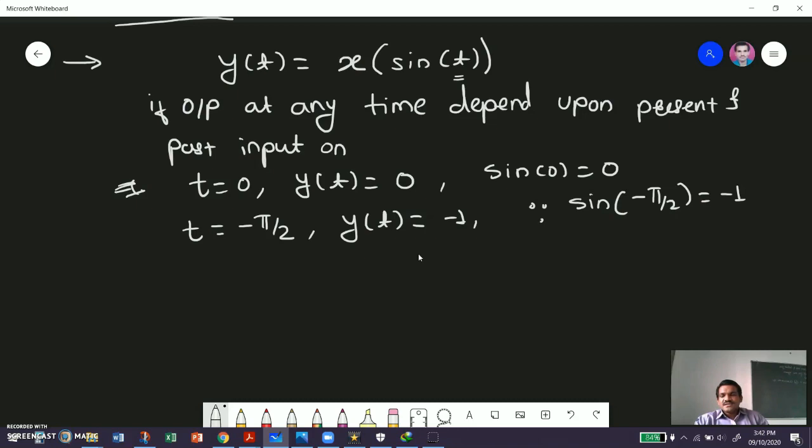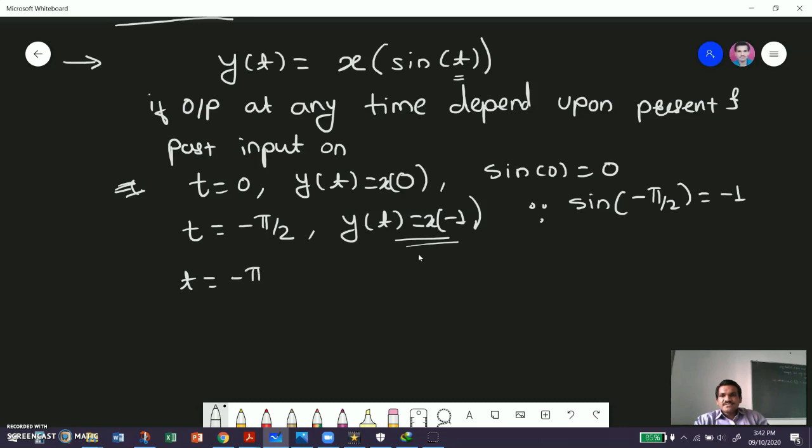You can see that this sample, x of minus 1, when we put t equal to minus pi by 2, is a future sample.